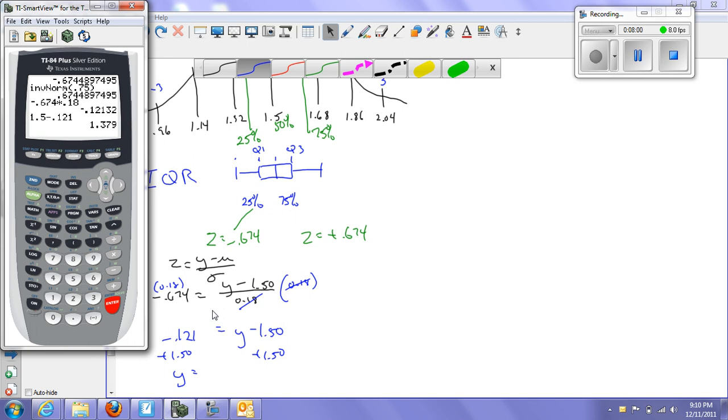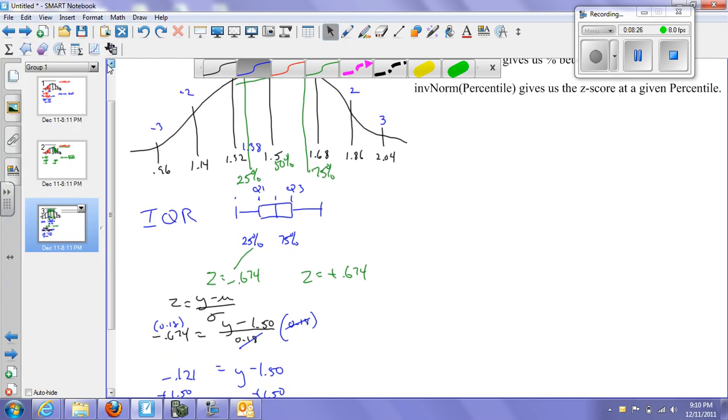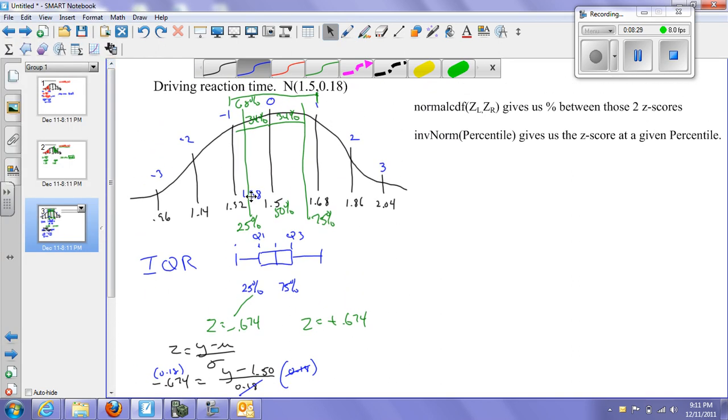Let's call it 1.38. That is the value right here. So the reaction time for my lower boundary at my 25th percentile is 1.38 seconds.